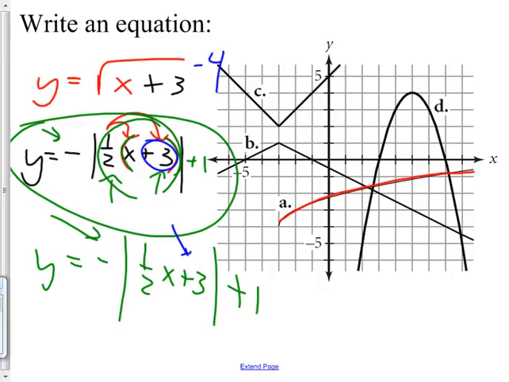If you factor out the 1/2 and put it like it's supposed to be, this would end up being x plus, and then to get that to be a 3, we'd have to have a 6 over 2, because 1/2 times 6 over 2 is the same thing as 3. Plus 6, there we go, thank you. And that one was moved to the left 6. This one, if you graph it, will only be moved to the left 3, which is what we want.